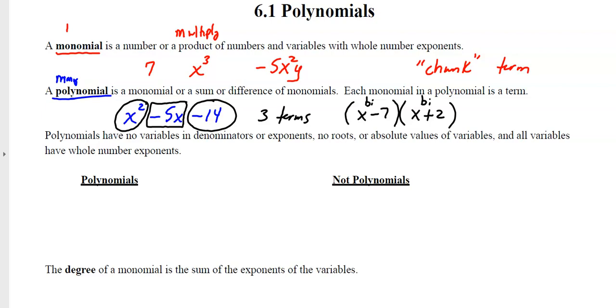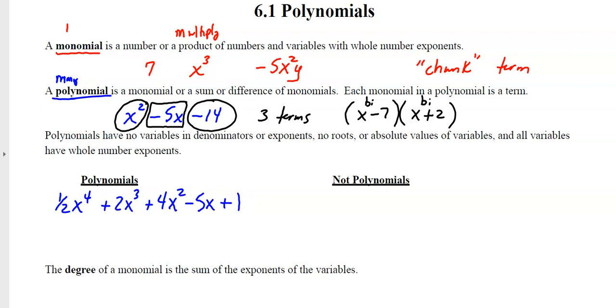So polynomials have no variables in the denominators or exponents, no roots, so no square roots, no absolute values, and your exponents have to be whole numbers. So here's a couple examples. One polynomial might be 1/2 x to the 4th power plus 2x cubed plus 4x squared minus 5x plus 1.